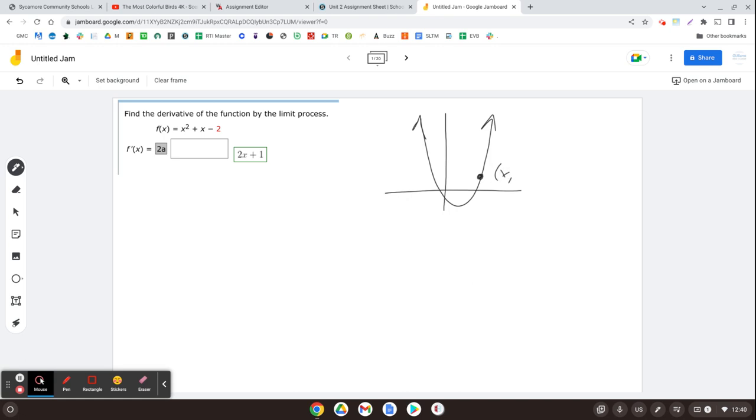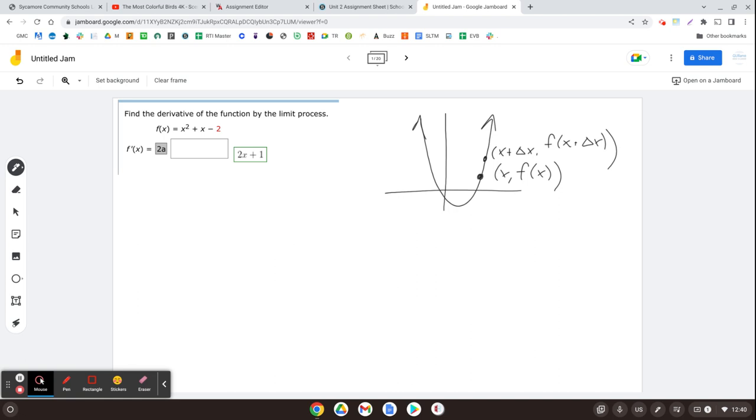If I put in x, I would normally call it y, but we're going to call it f of x here. So that stands for any point. Now, add something tiny to the x. Okay? And then the output of that is going to be represented by that notation.